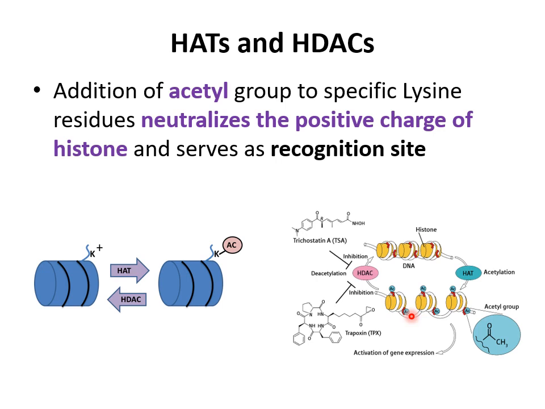Now remember before I said that HDACs are the opposite of HATs. So as you can see from this figure, HDACs, the deacetylases, they remove that acetyl group, okay? When it removes the acetyl group, the positive charge is now exposed again. What happens when that positive charge is exposed?